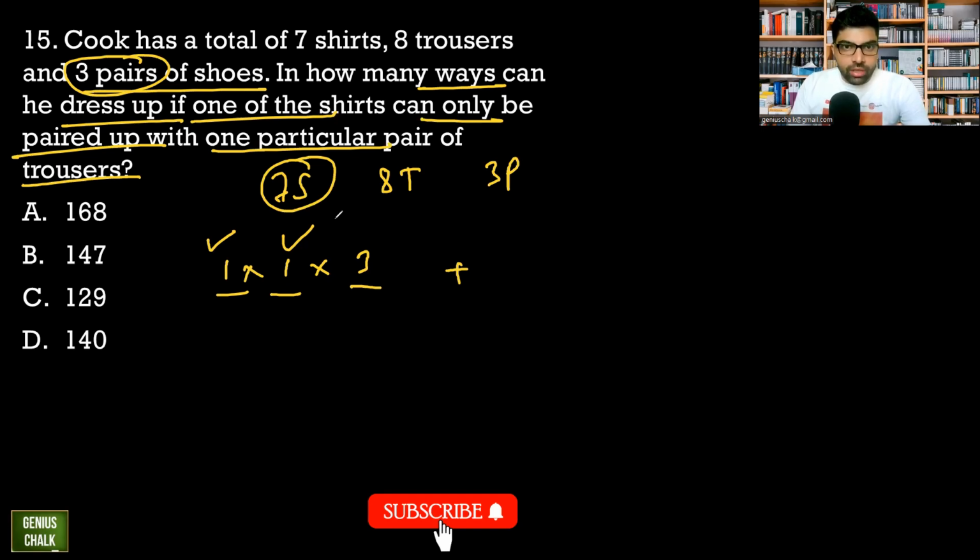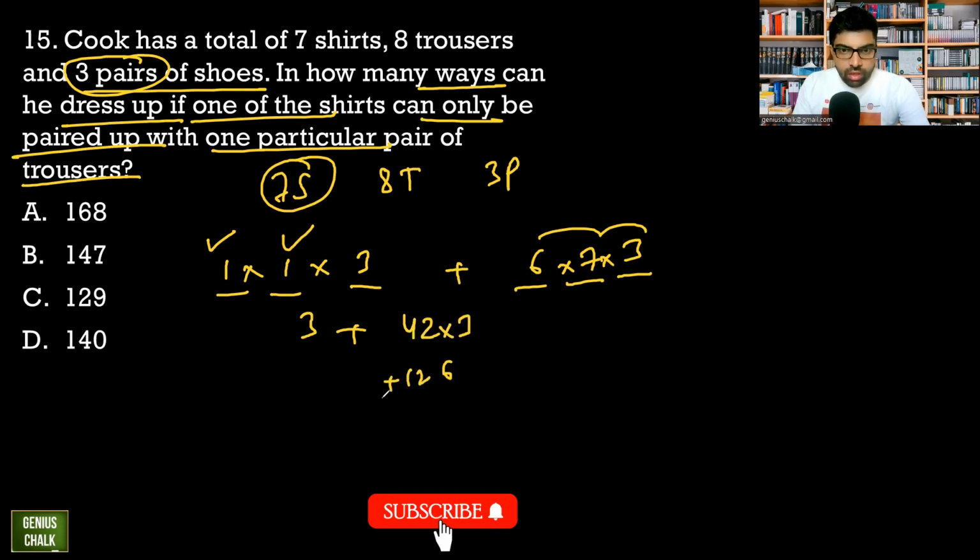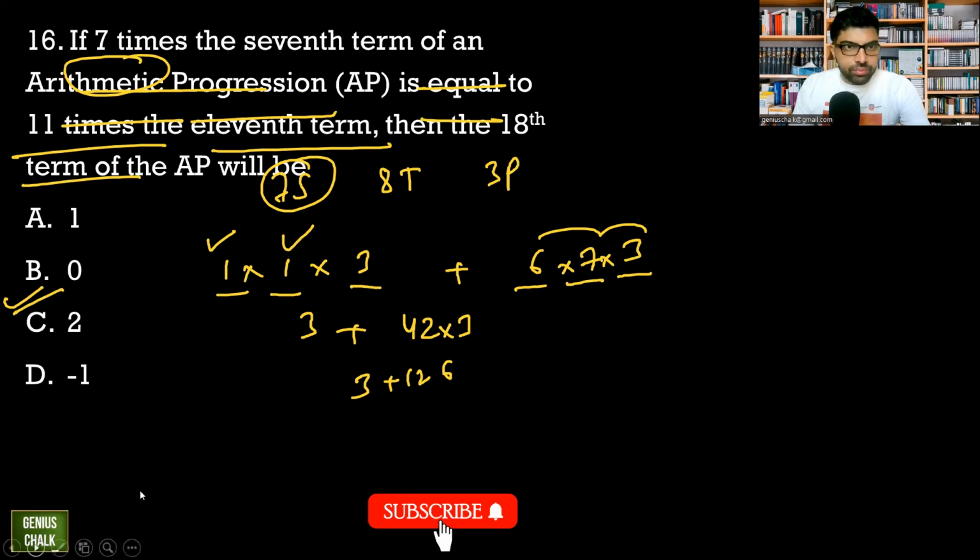Now next 6 shirts are left, and 7 trousers are left, and 3 pairs of shoes are there. So now there is no condition. So these 2 cases are possible. After pairing up, this is 3 cases, and now these are the left cases. 42 into 3, 3 2s are 6, 3 4s are 12. So 126 plus 3, that is 129.